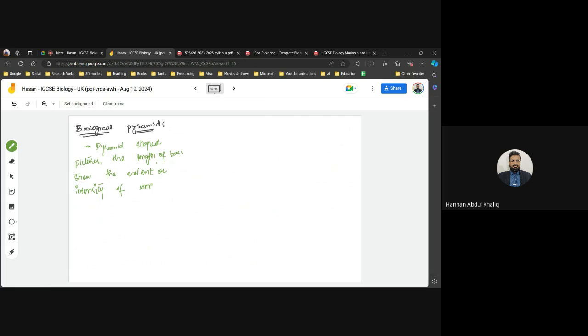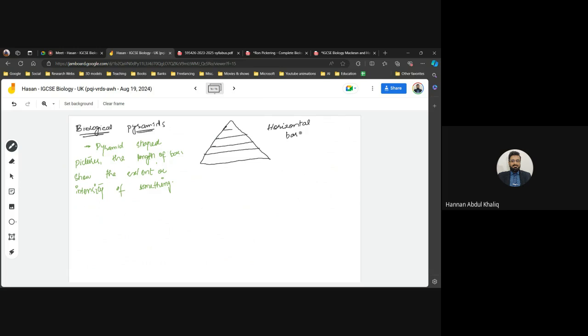Now, let's see what it means. We basically are going to draw a pyramid, and this pyramid is going to be represented by horizontal bars.